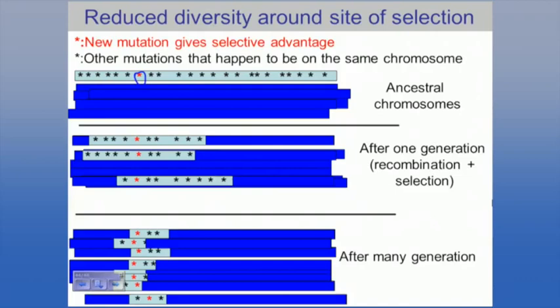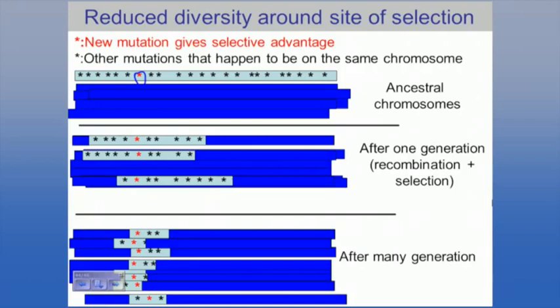Everybody has this beneficial red allele, but everybody also has a certain amount of sequence on either side of it, just because, by chance, there hasn't been recombination up to a certain point. The distance between your mutation and the edge of the closest recombination is going to depend on how quickly it went to fixation, among other features. And so you have this block of new alleles that have come along with your selected allele.